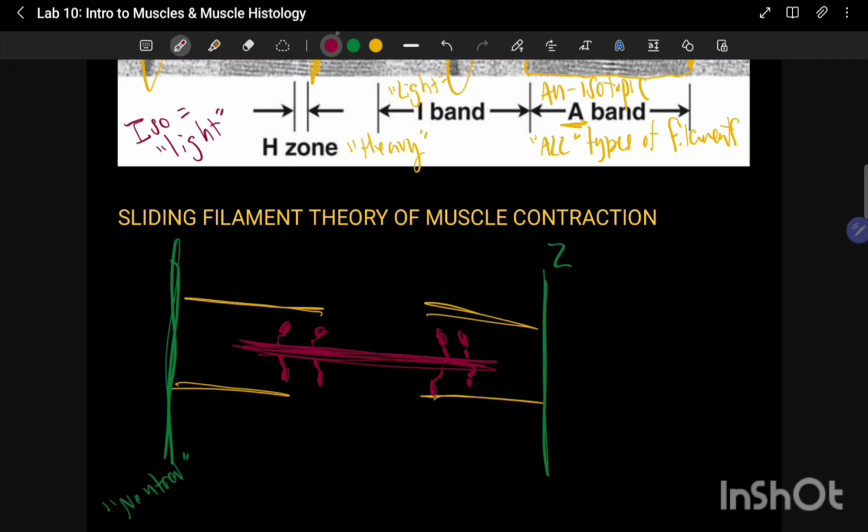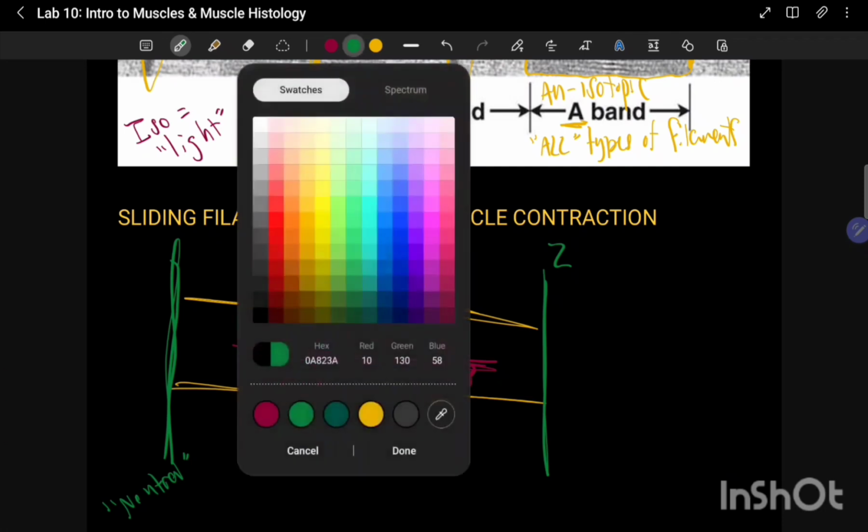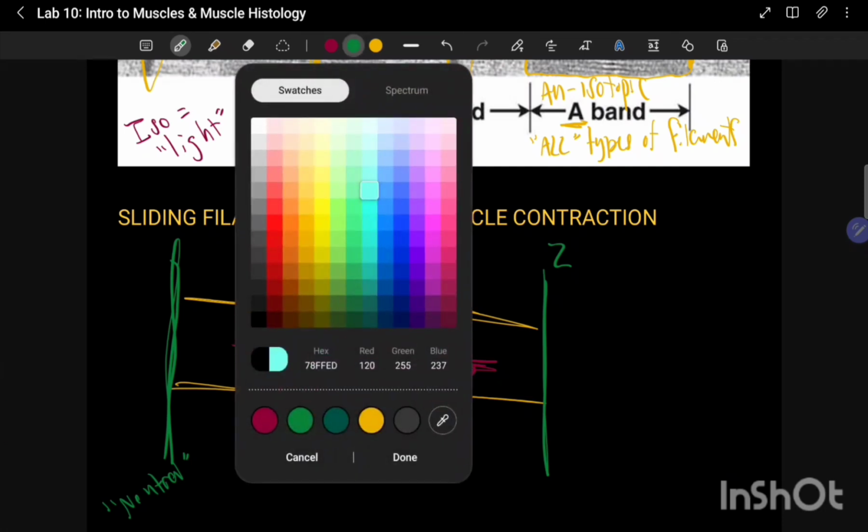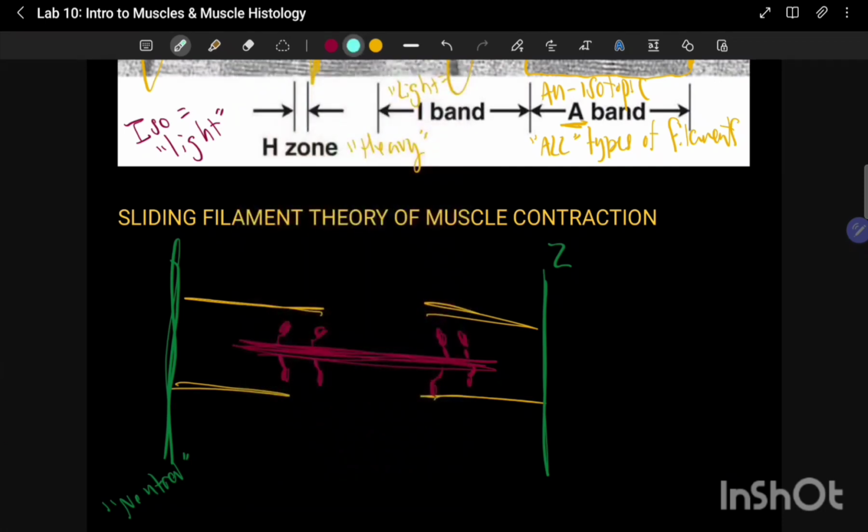But then a really cool thing that happens is when we have calcium in our cells, calcium is going to bind to specific sites on the actin, which kind of unlocks it and allows it to create this bond with the myosin.